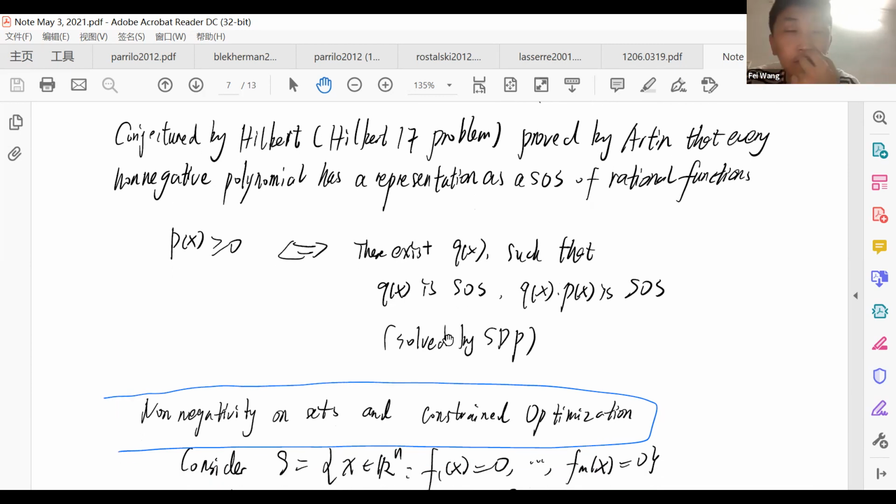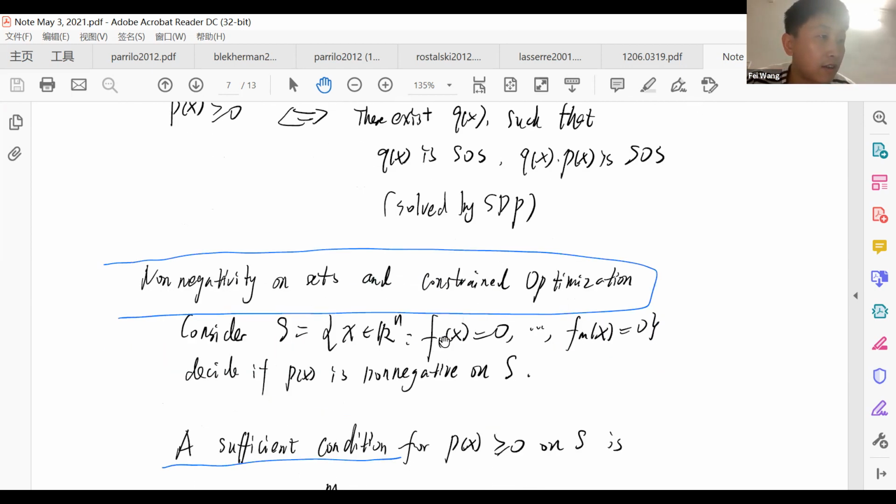So to summarize, we talked about the certificate of a univariate polynomial, which is easy, just a simple sum of squares problem, and the certificate of non-negativity of a multivariate polynomial. This is a little bit tricky, but still, instead of one SDP, you solve a sequence of SDPs or sum of squares problems. So this is certification of non-negativity.